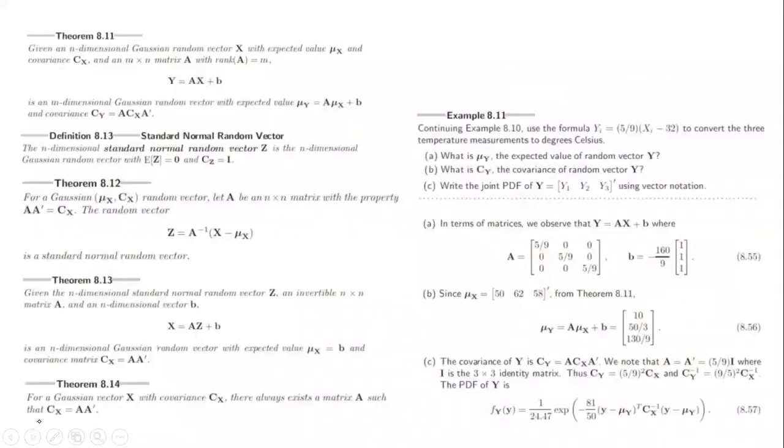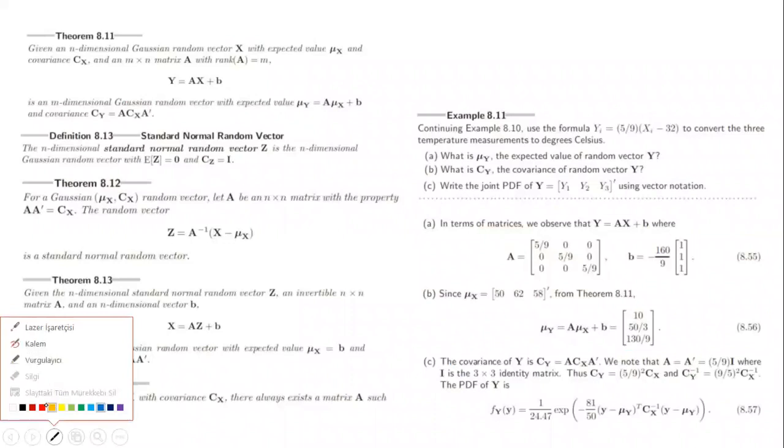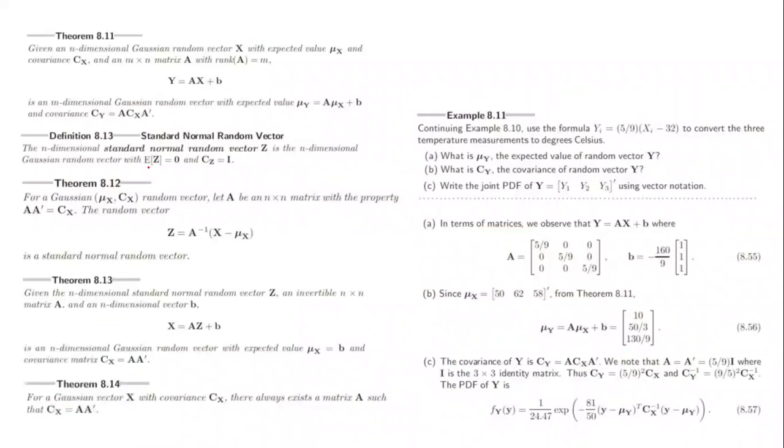So this is the last slide. Here, the standard normal random vector is defined. Its expected value vector is 0, and its covariance matrix is the identity matrix.